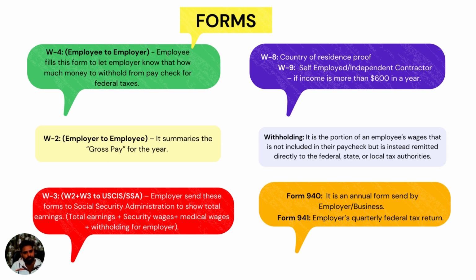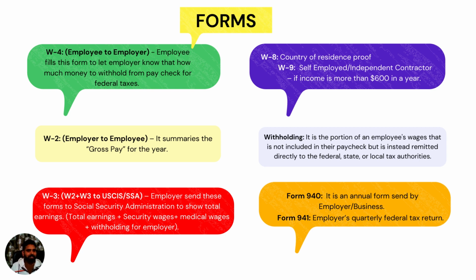Now the W2 form. The W4 form is sent by the employee to the employer. The W2 is sent by the employer to the employee, and the employer will say what the total gross pay of the year is. So the W2 form has the gross pay of the employee for the particular year. Now the next form is W3.